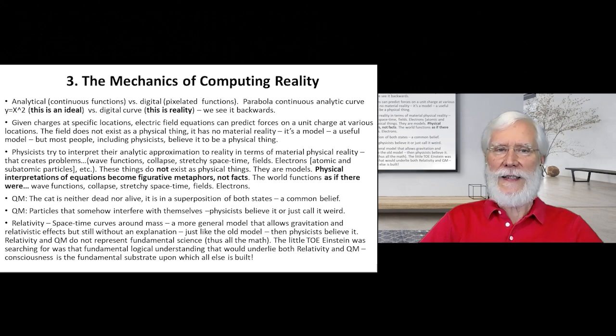This is an ideal. Now, to contrast that with a digital curve, a digital parabola, that's where x and y now are not continuous functions, but you will vary x by a certain amount each time, some delta x. So x jumps by some delta x amount, and then each time you compute a y.